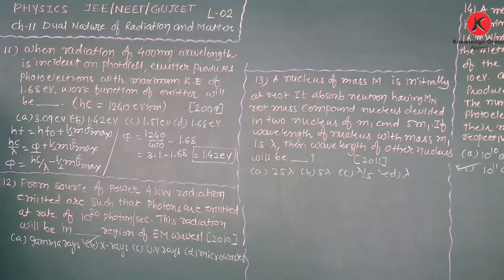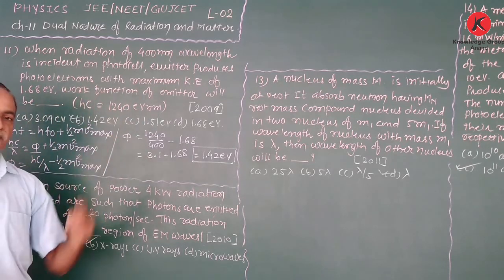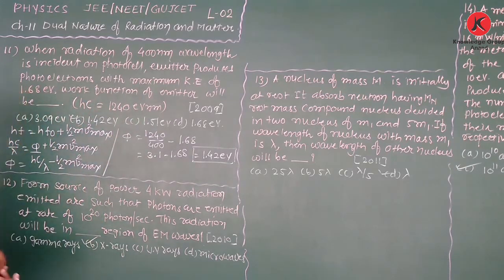Now again, what is given? When radiation of 400 nanometer wavelength is incident on a photocell, the emitter produces photoelectrons with maximum kinetic energy 1.68 electron volt. So the work function of the emitter will be? For that purpose, we are using this relation: hf is equal to hf0 plus half m v square maximum. Actually, maximum kinetic energy is equal to hf minus phi.